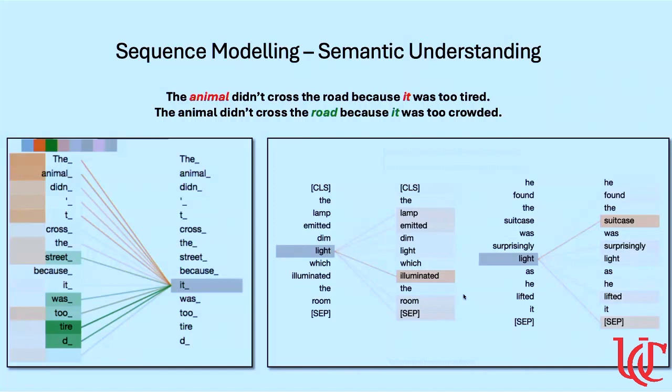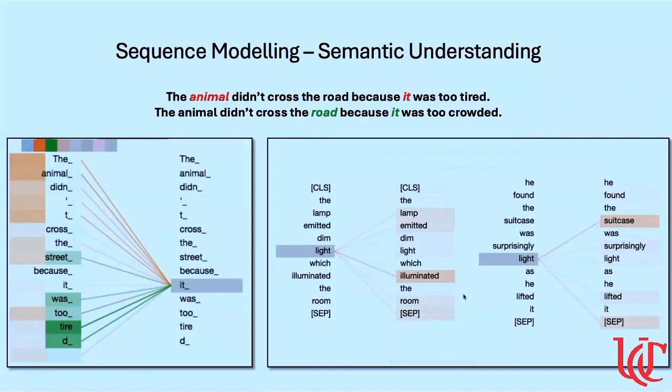In another example, the sentence is: the lamp emitted dim light which illuminated the room. The word "light" is associated with lamp, emitted, and illuminated. These are the three words which are more contextually aligned with the word light. But in the second sentence, he found the suitcase was surprisingly light as he lifted it.